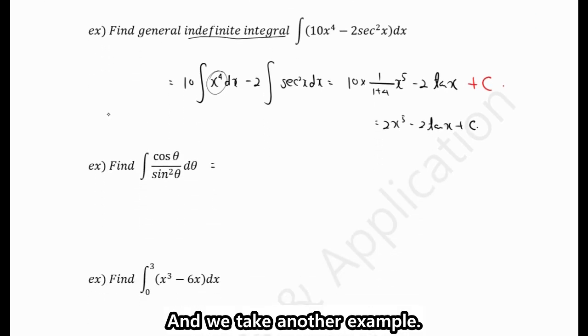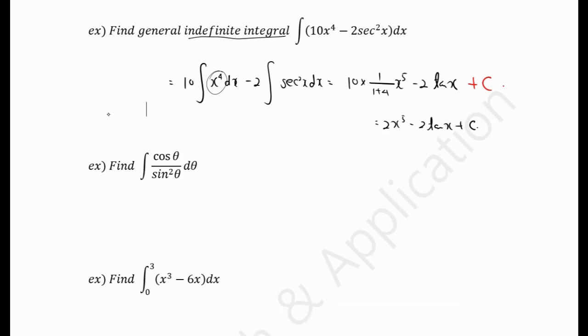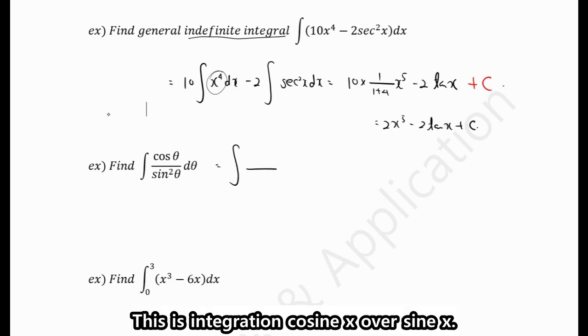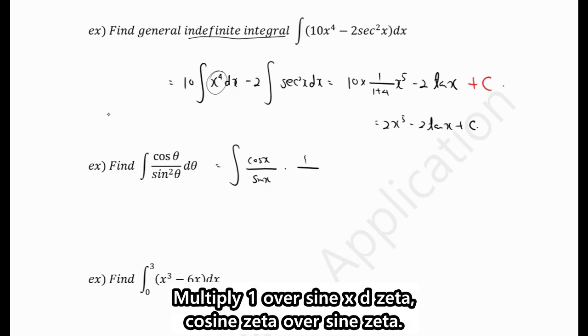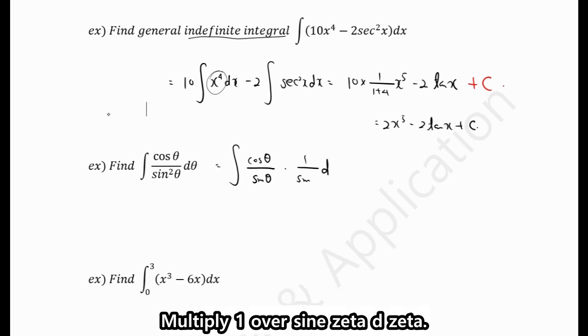And we take another example. The integral of cosine theta over sine square theta d theta. This is the integral of cosine theta over sine theta multiplied by 1 over sine theta d theta.